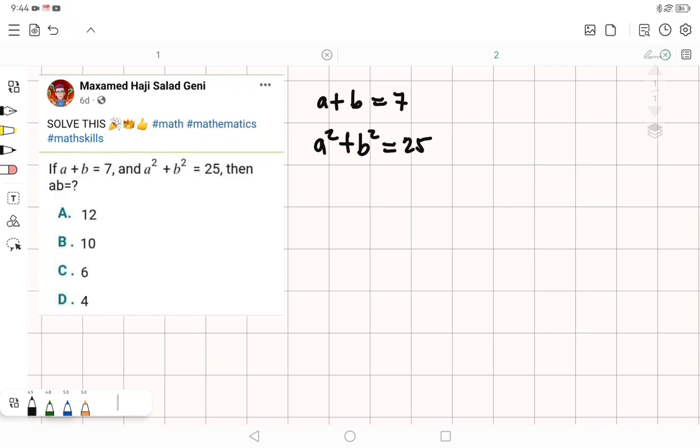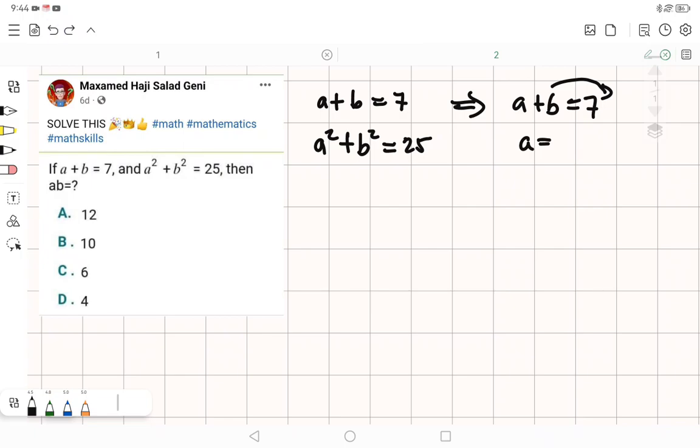Now, if we want to solve for a, we can just transpose. So a plus b equals 7. We can just transpose b to the other side. So now you have a is equal to 7 minus b.